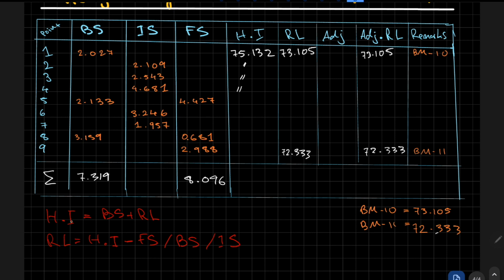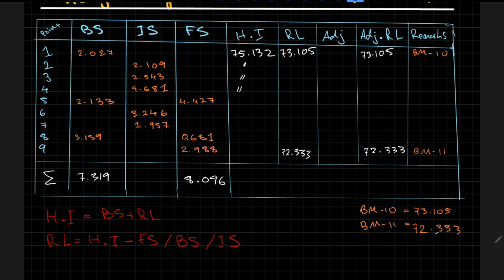Now the height of instrument is equal to backside plus reduced level. But once again, you can see here, we do not know the reduced level for this. Therefore, we need to refer to this equation. Reduced level equals height of instrument minus foreside or backside or intermediate side. So we can just take the height of instrument here and we minus the foreside here, and we get the reduced level here.